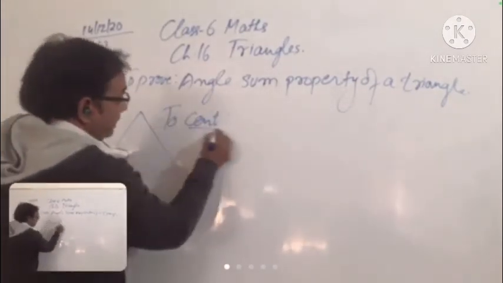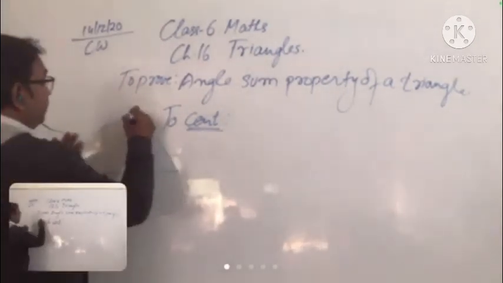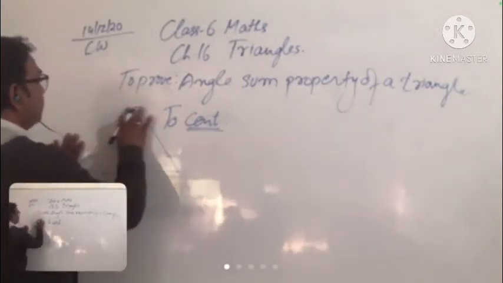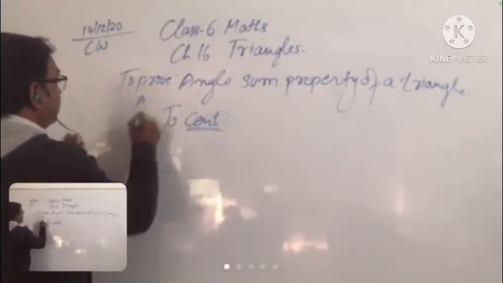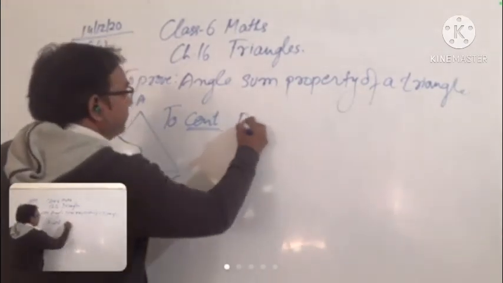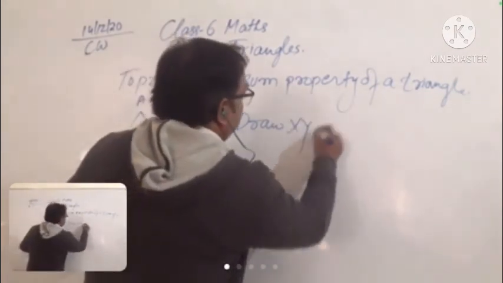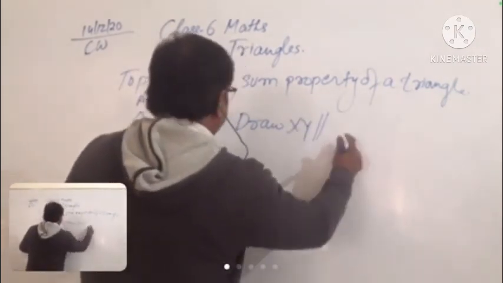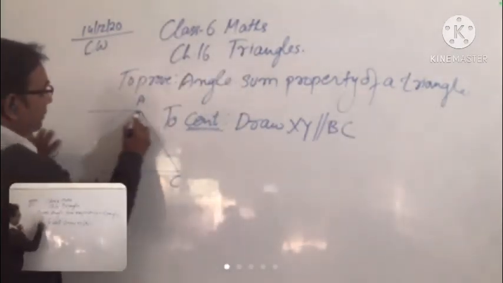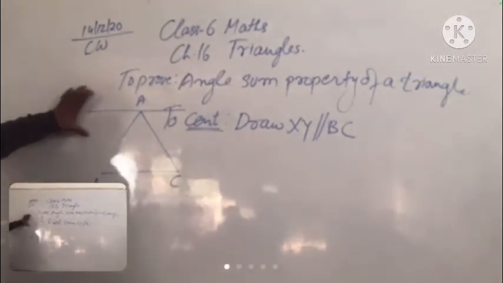Now for the angle sum property, first you have to draw a triangle, and then there is a construction. If your triangle is ABC, your base angles are B and C, so you have to write: construct XY parallel to BC. In this video you can see XY is parallel to BC.